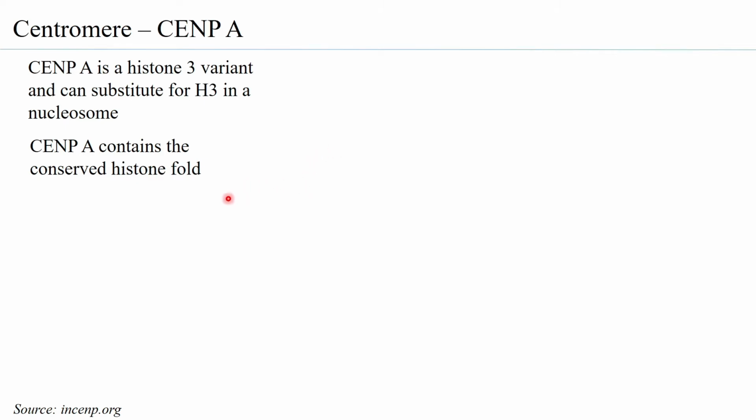So primarily alpha 1, alpha 2, alpha 3, L1 and L2 form the histone fold. And you see a similar histone fold in CEN-PA. There are certain differences between H3 and CEN-PA, but if you look at the overall histone fold, it is the same.